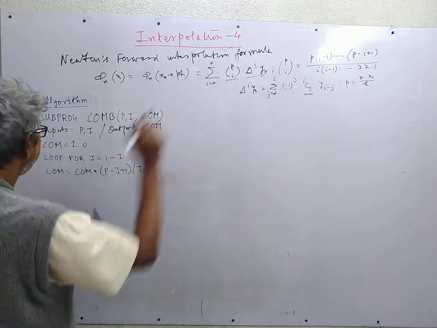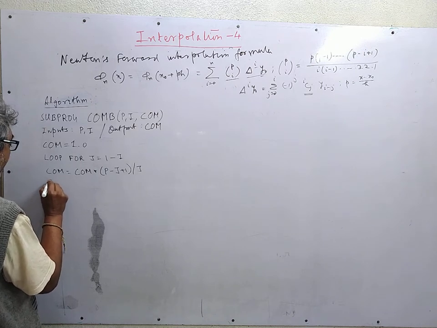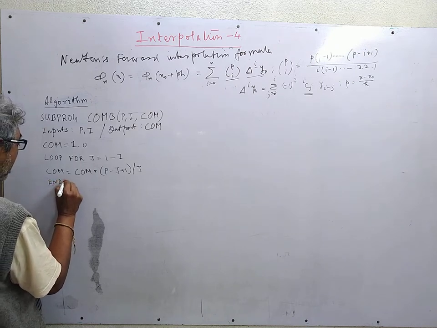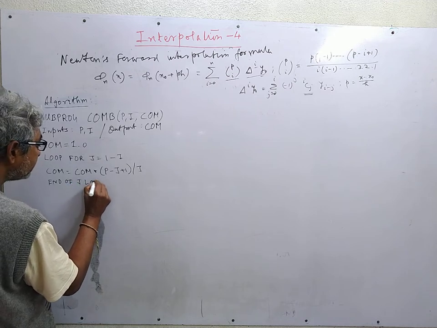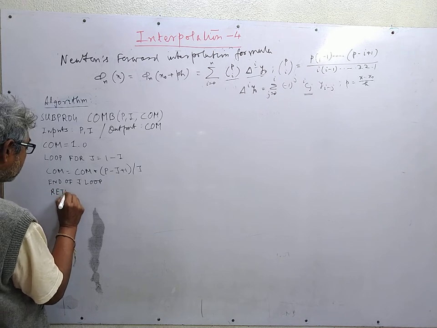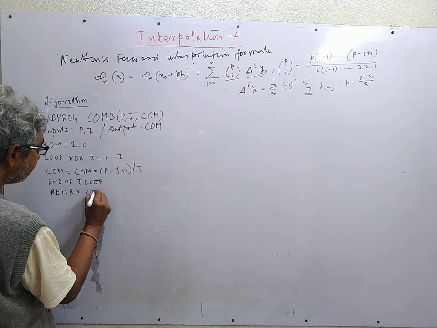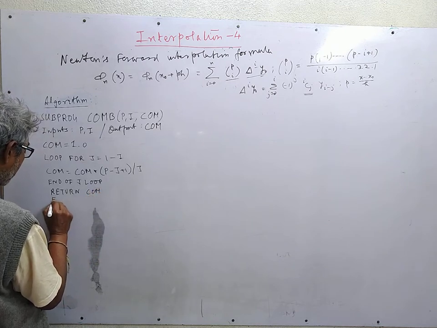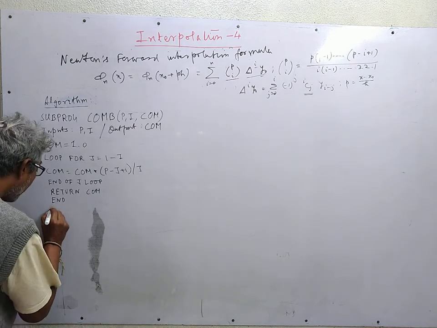So the part is being calculated easily. End of j loop. Then the program returns COM. End of the subprogram. So this is a very simple subprogram.